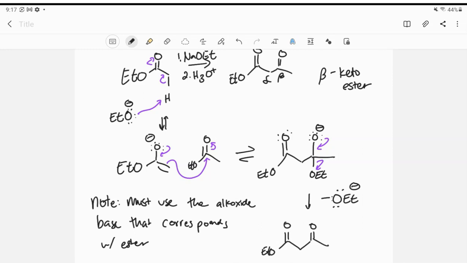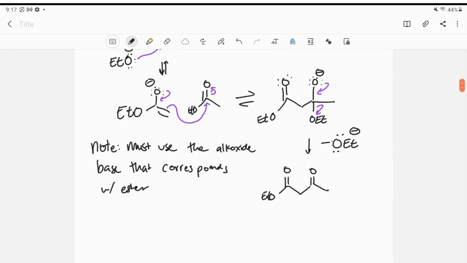All right, does that kind of make sense? Because remember, if you try and use sodium methoxide, instead of getting a Claisen, you just replace it. So in the presence of the correct base, you will get the Claisen to happen.